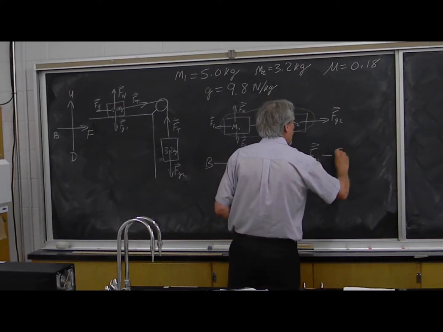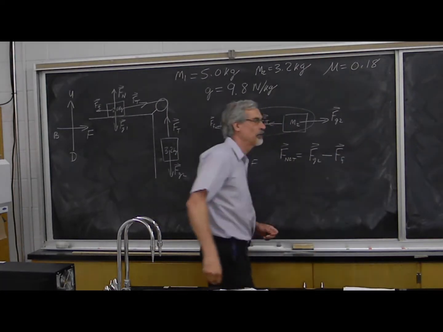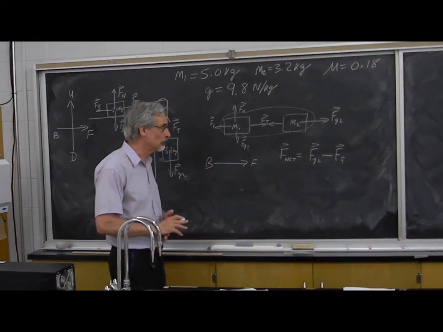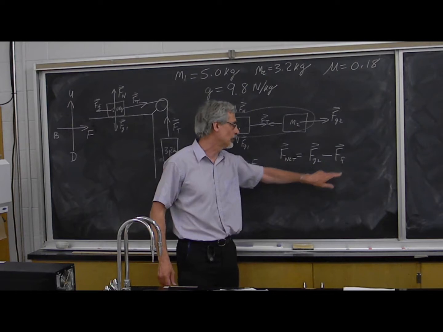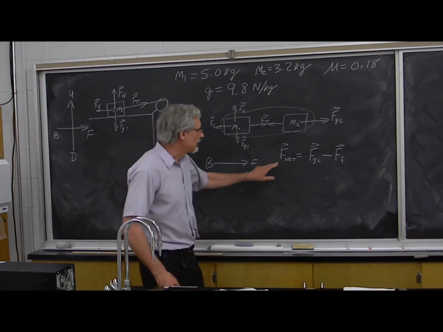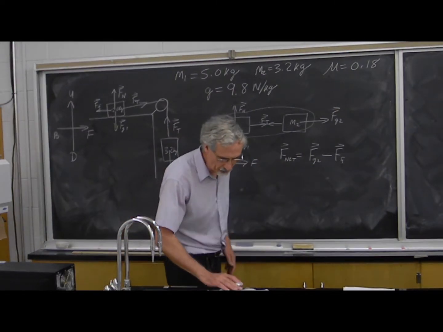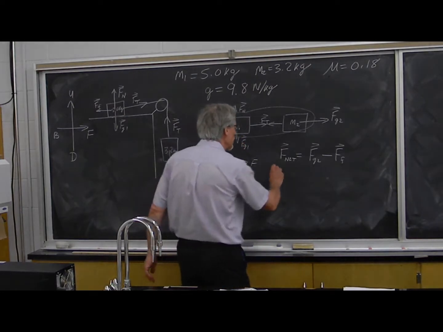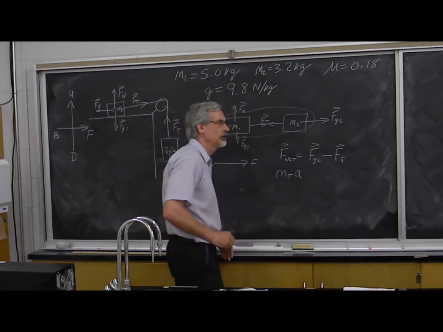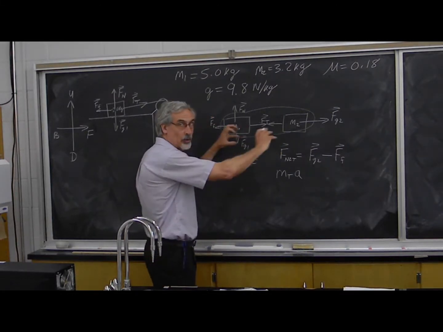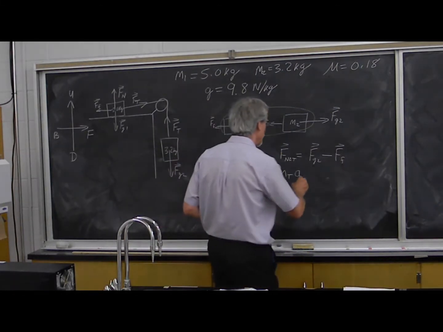So F net on the system is equal to Fg2 minus Ff. And because we've been told to assume that it will move, we know that this force is going to be greater than this force. The F net is going to be the total mass times the acceleration, and everything is tied together so it will accelerate as one.